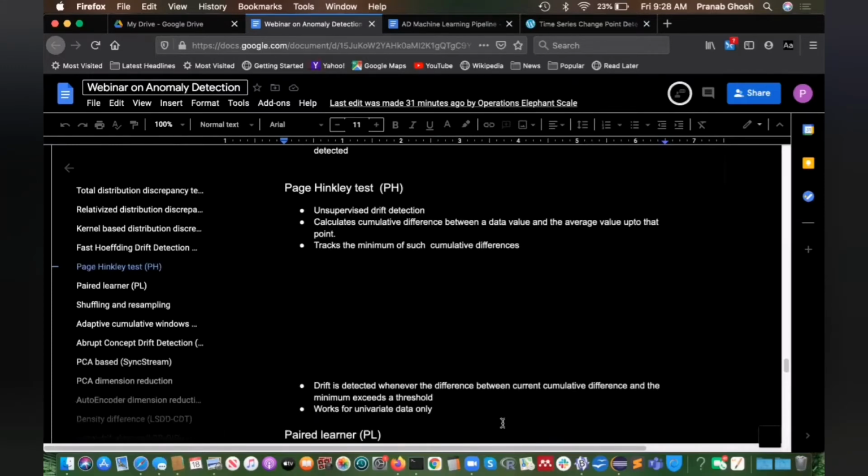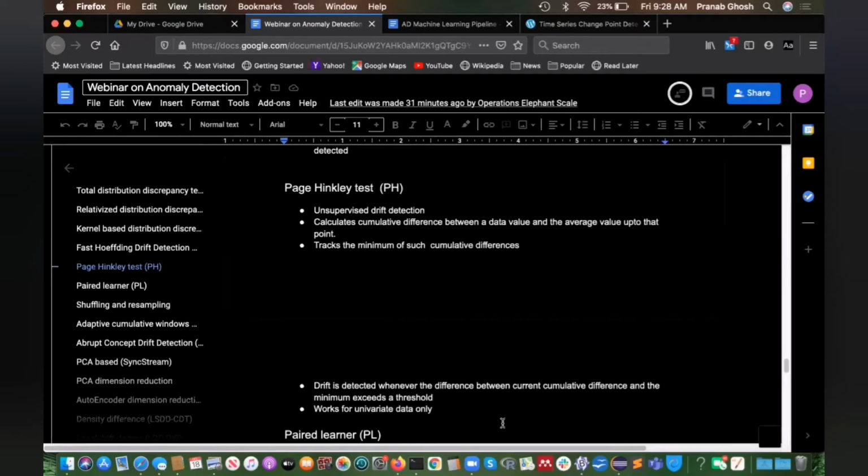Page Hinkley test. This is for unsupervised drift detection, and this is only for univariate data.